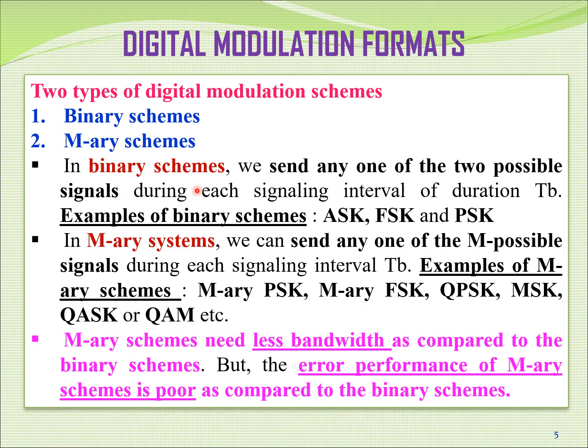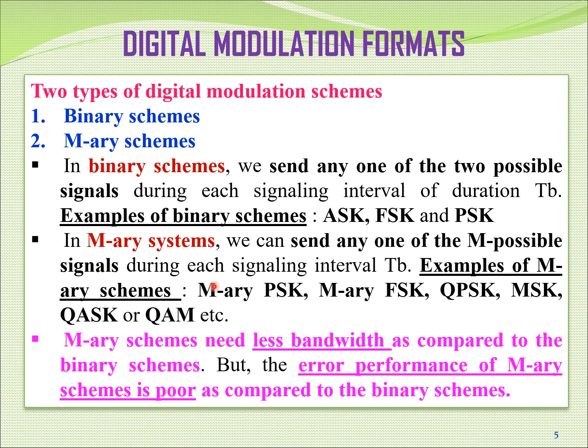In general, the classification of digital modulation schemes is into binary schemes, where we use only two bits, either 0 or 1, and M-ary schemes, where we can send any one of M possible signals, right? If we are sending just two possible signals, it is called binary, where the types are amplitude shift keying, frequency shift keying, and phase shift keying.